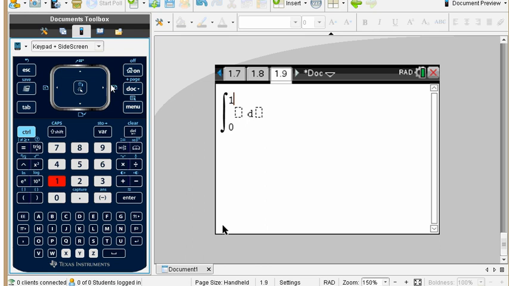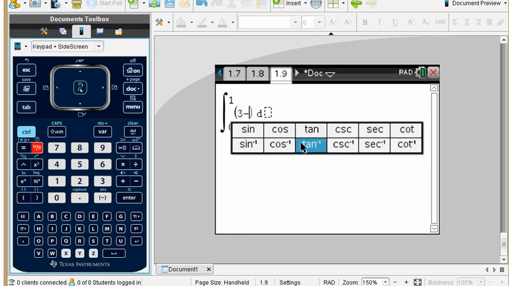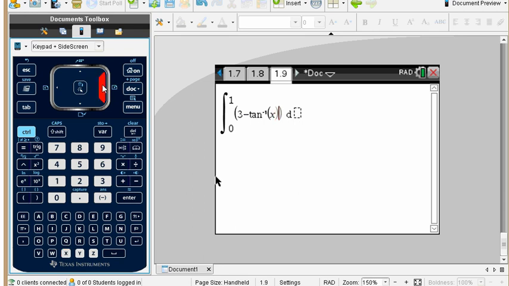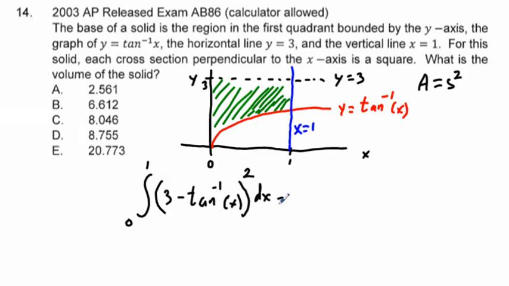We're going to open parentheses here, 3 minus inverse tangent of x, and we're going to square the outside of this, and I think that will handle it, and we go all the way to dx. There we are. 6.61233. Which is going to be closest to our answer choice B.